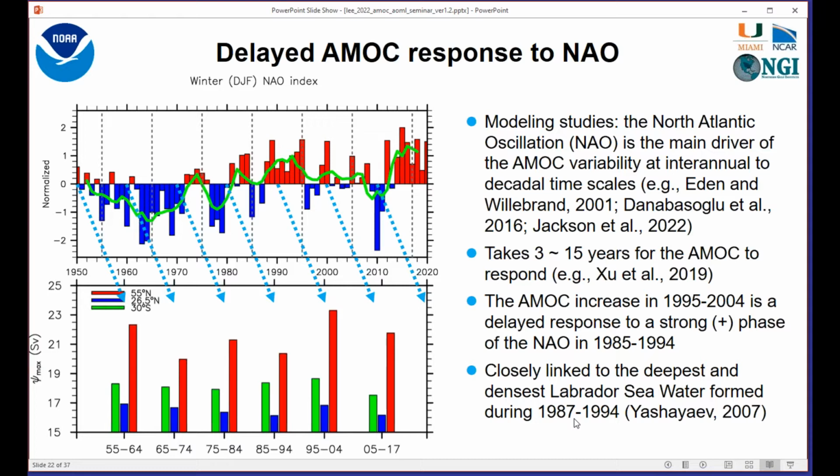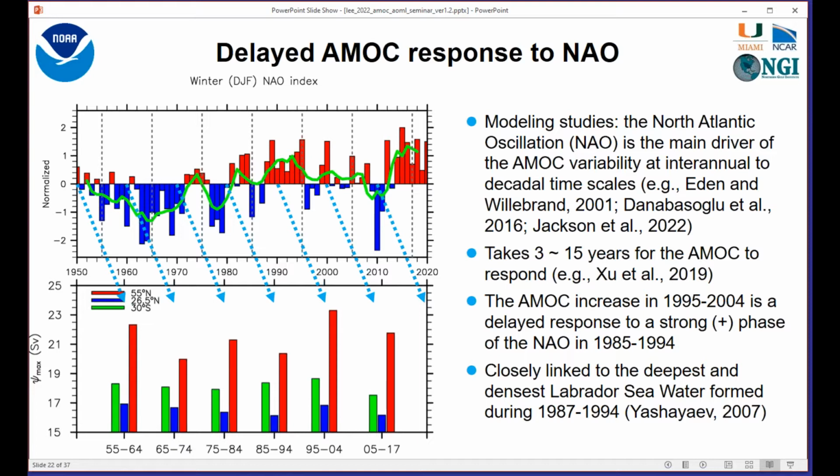And then this is, of course, supported by the Yashayaev 2007 paper showing that there was a very intense formation of very deep and dense Labrador Sea Water between 1987 and 1994.